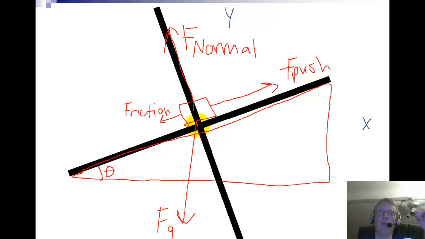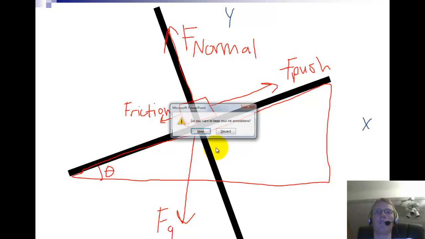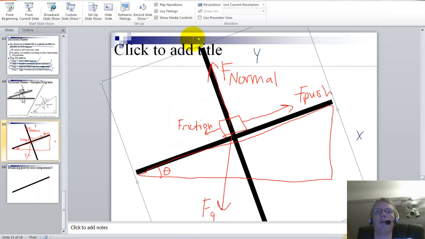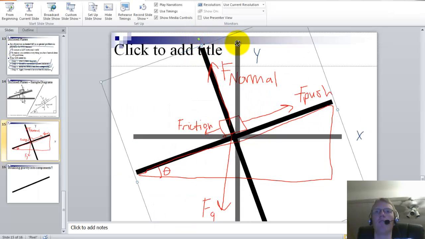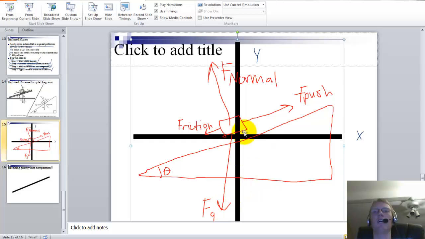Now, what if, let me go back, hold on. Let me go back and rotate this guy. If I would have kept him like that, now you can see the force of gravity is straight downward, which is along our axis, but the force of the push, the force of the normal, and the force of friction, all 3 of those are at some weird angle relative to my axes. So you have a choice.